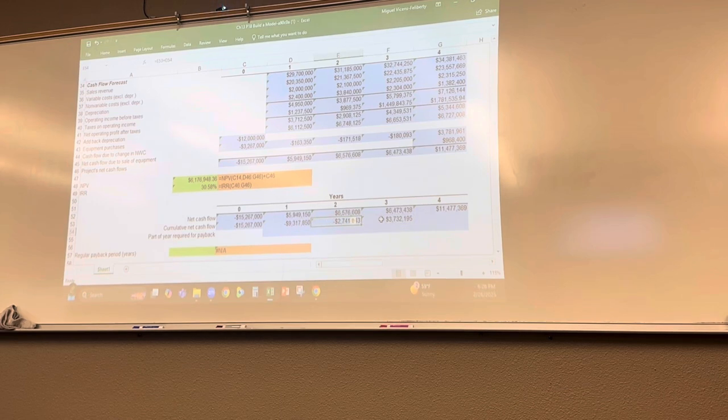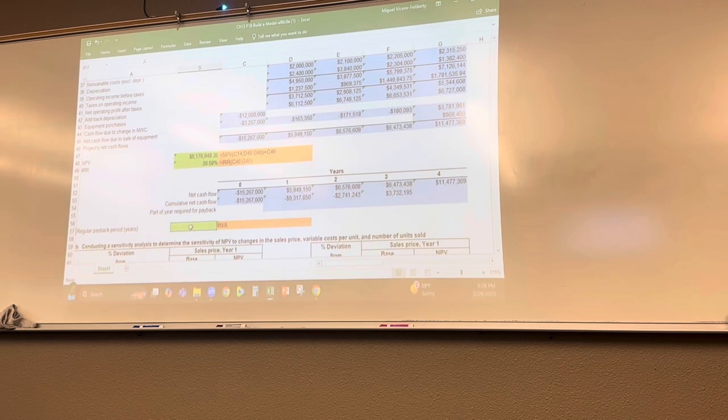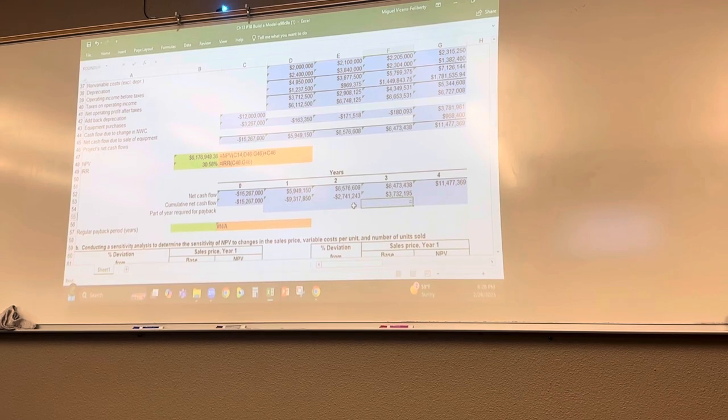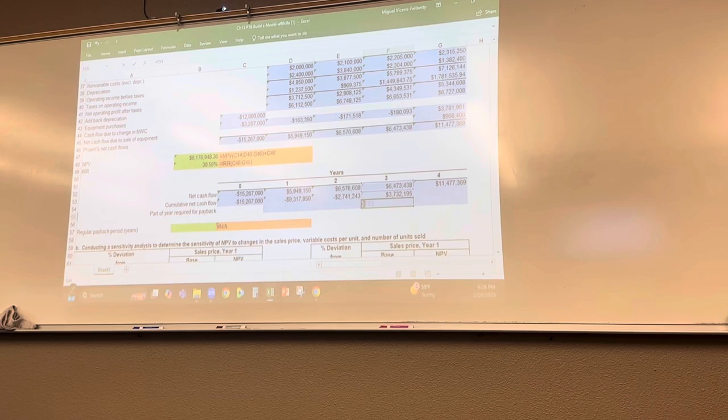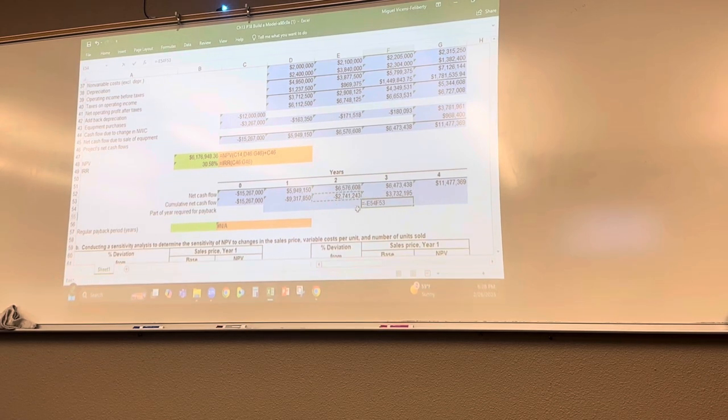you'll notice this is where it flips, right? The sign flips from year 2 to year 3. So my regular payback period is gonna be 2 something. I collect 6.473438 over the course of year 3. I still owed, putting in a negative sign so this turns out positive, that negative 2741243, and I'm just dividing by the full amount that I collect in year 3.